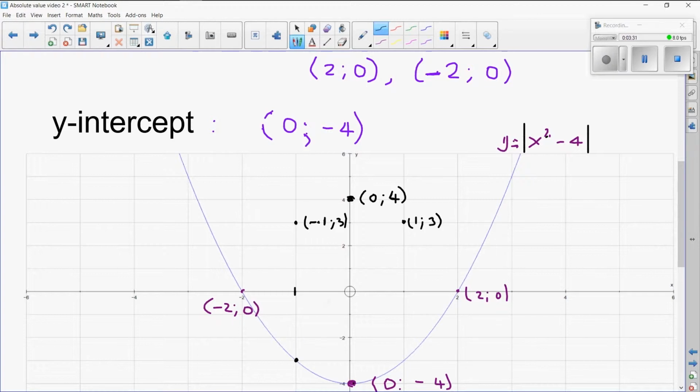So if you're drawing the graph, your markers are here along your x-axis, and all of the values under the x-axis is not what you want. You're going to draw it so that it is reflected along the x-axis. So your parabola changes shape.